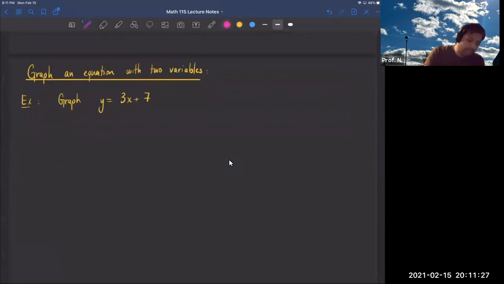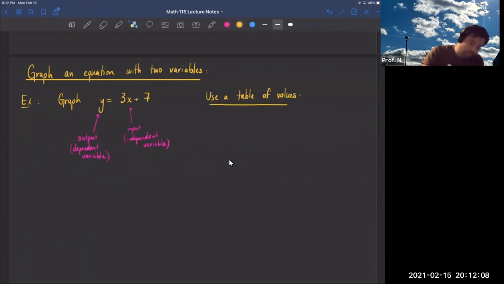So what we do, and one thing I want you to know, is that x is considered the input or the independent variable, and y is known as the output or the dependent variable. And what we're going to do is use a table of values.